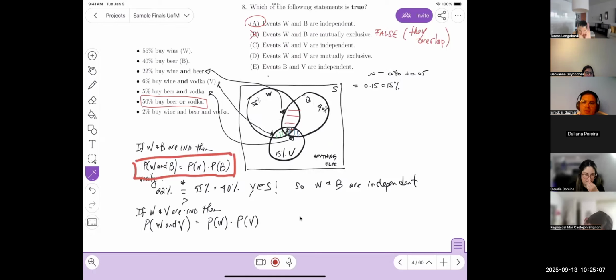Wine and vodka is 6%, but wine alone is 55, and vodka alone, we figured it out. You wouldn't be able to do this problem without figuring it out.